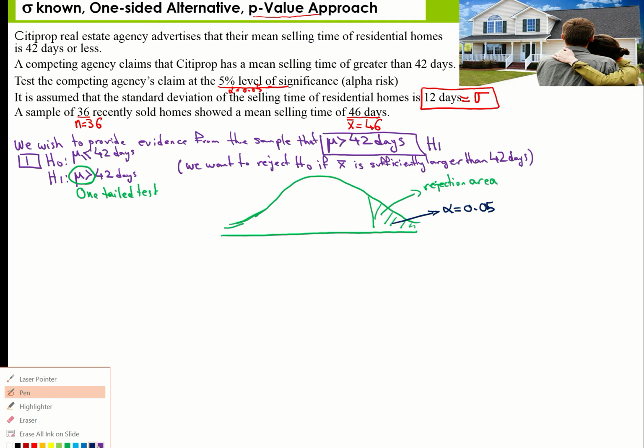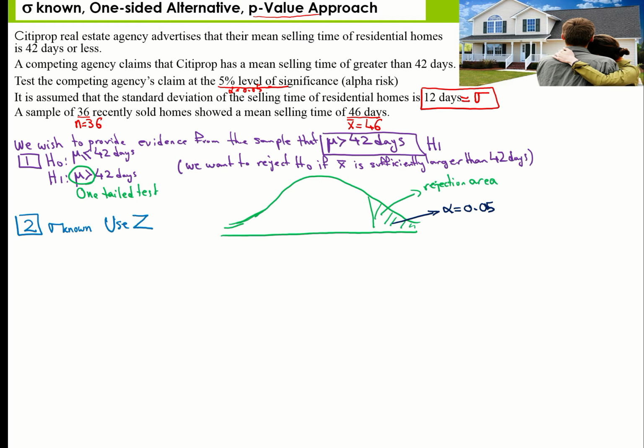In this question, because sigma is known, you have the standard deviation of the population, we use the Z values, we use the normal distribution to calculate the test statistic. So we calculate the Z value by x bar minus mu 0 over sigma over square root of n.